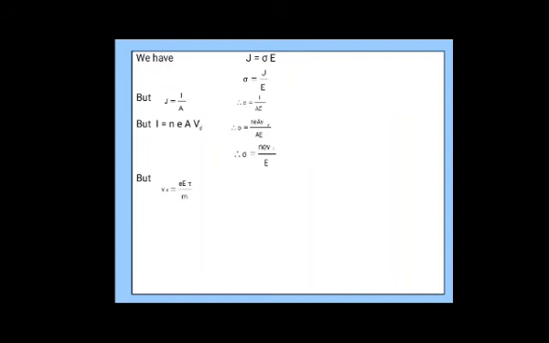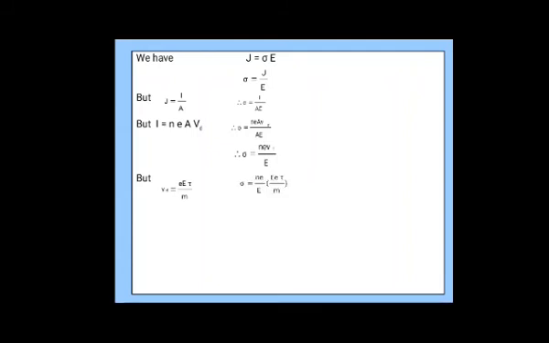Now let us substitute for drift velocity. The expression for drift velocity is Vd is equal to eE divided by m into tau. The negative sign is neglected because you are considering only magnitude here.